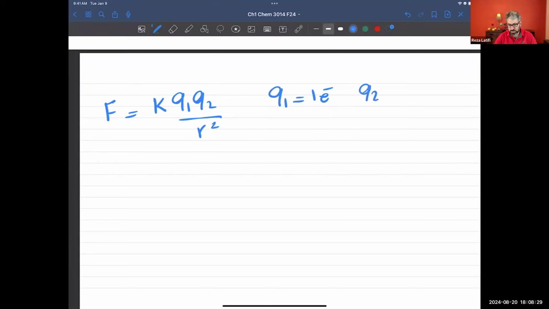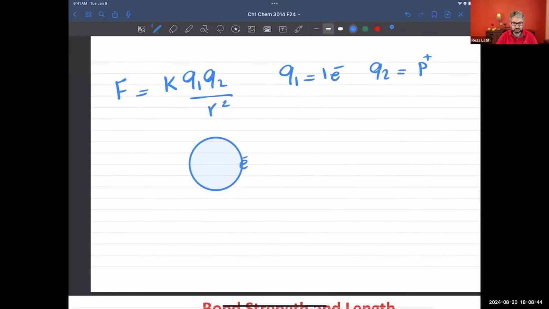And what's Q2? You can say the proton on one nucleus. And R is going to be the distance between them, technically the distance between the electron from one element and the nucleus, where we have positive charges, or the source of the attraction force on the neighbor atom or neighbor molecules.